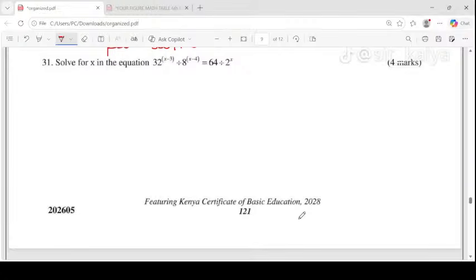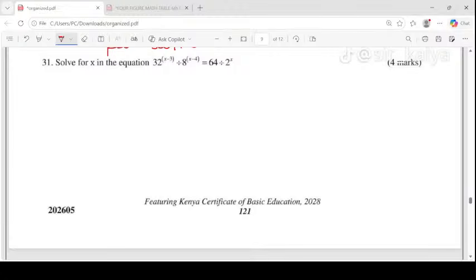Solve for x in the equation 32 power x minus 3 divided by 8 power x minus 4 is equal to 64 divided by 2 power x. 32 to base 2 can be written as 2 to the power of 5, which is 32.